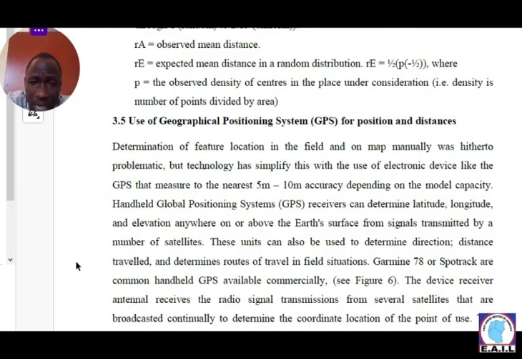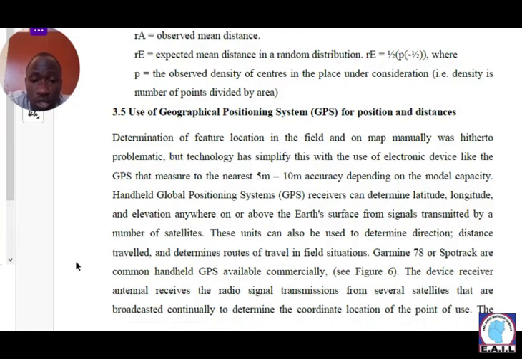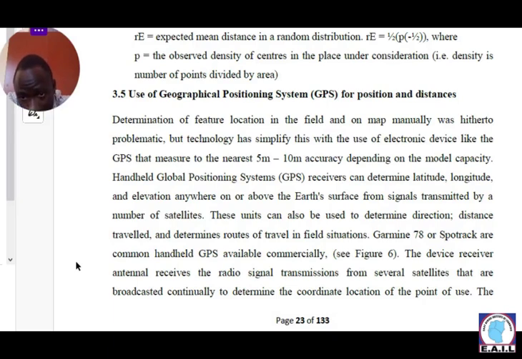So in other words, it can help to determine the location. It can also help in defining and locating in terms of direction. That is what we call the global positioning system, or what you can call the geographical positioning system.